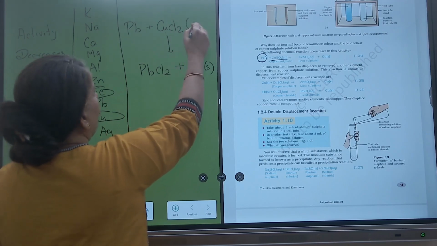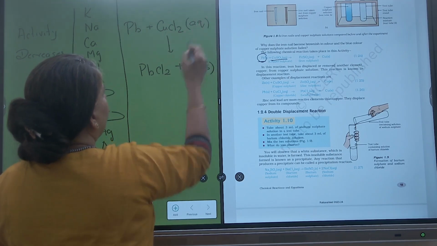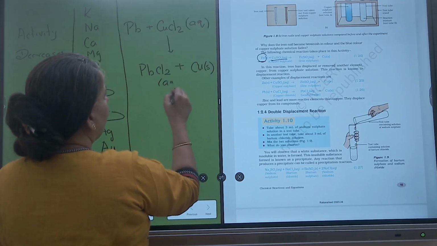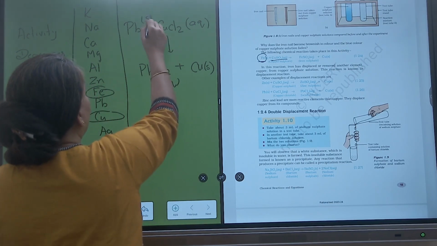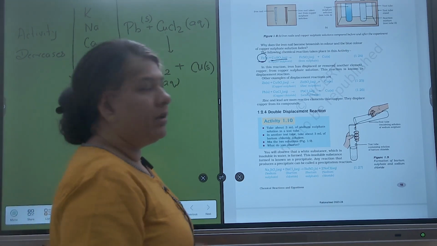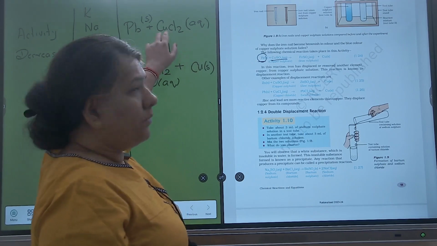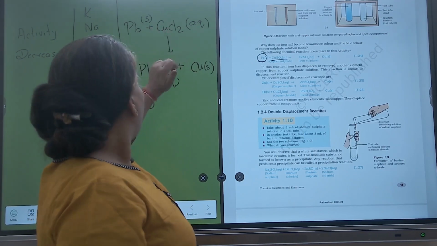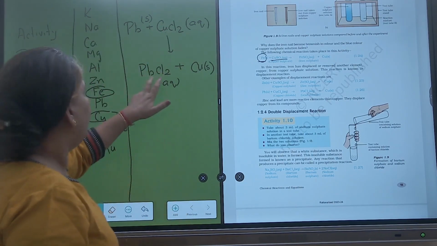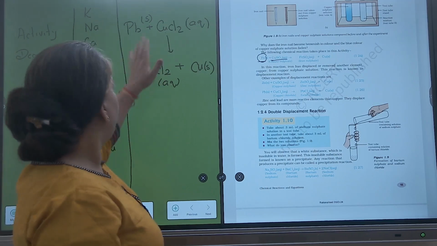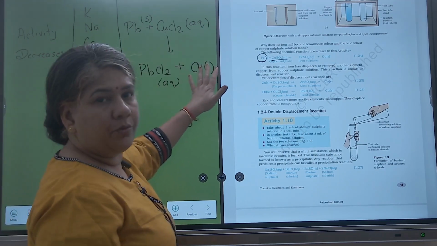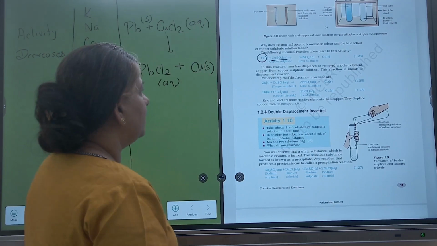This is an aqueous salt solution, this is aqueous, and lead is solid. So solid lead will replace copper from its aqueous solution and form lead chloride aqueous solution, and copper will be removed from the solution and start depositing.